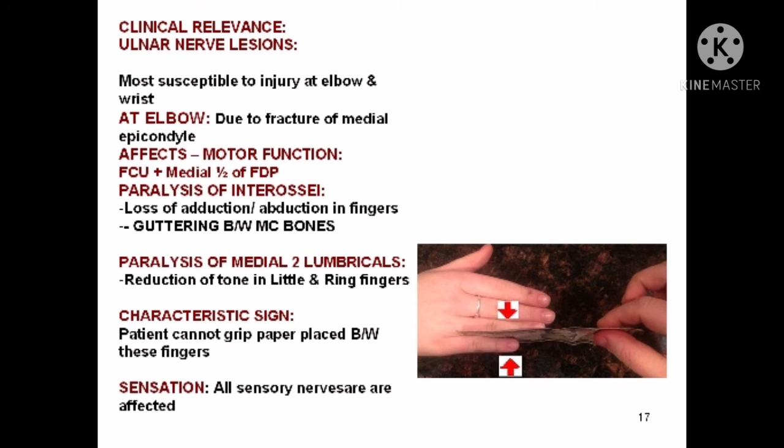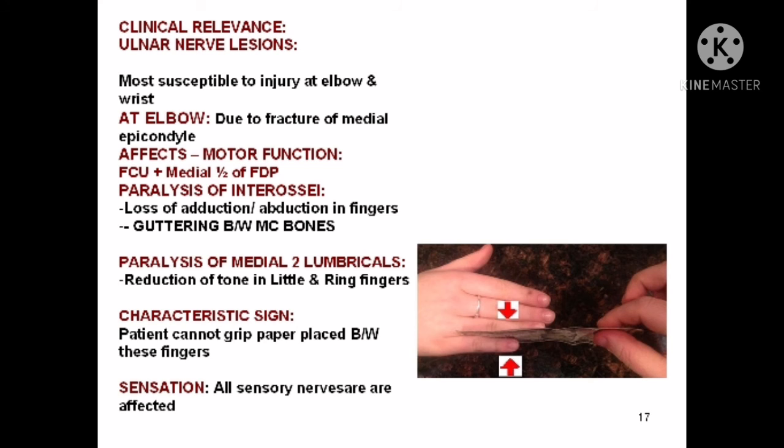So there will be loss of adduction and abduction of the fingers, which is the function of the interossei, and guttering between the metacarpal bones because the interossei lie between them.